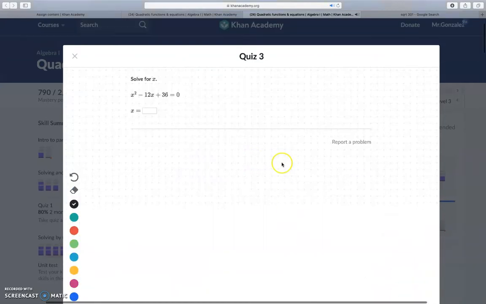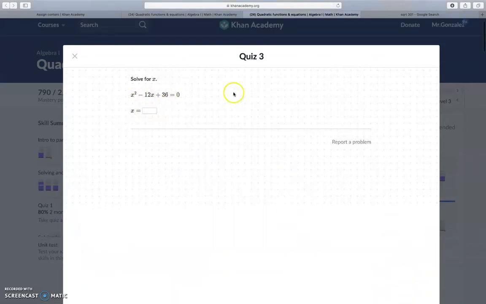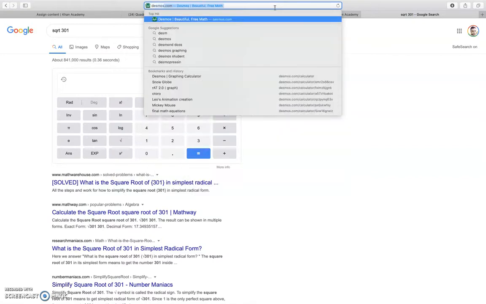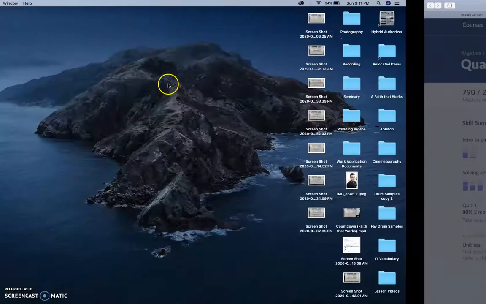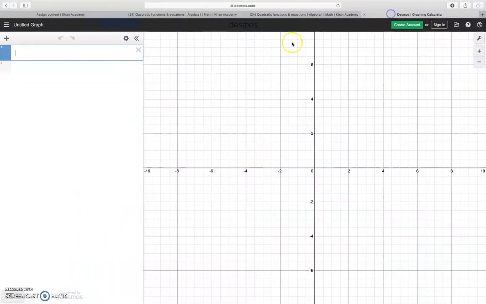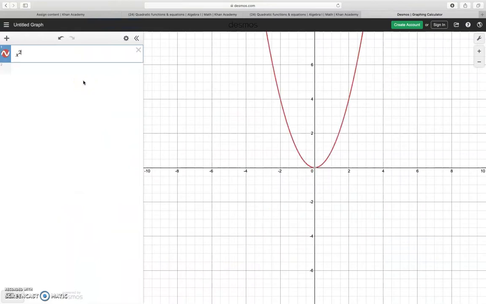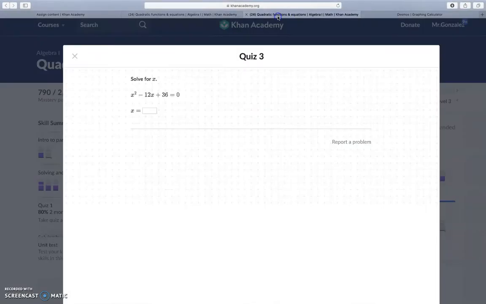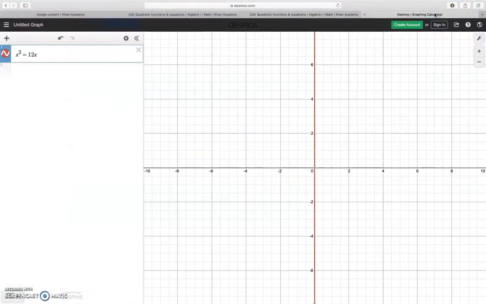Okay, next. Solve for x. You could do this the long way, or if you just want to use desmos.com, that can also graph that for you. And when they say solve for x, they're really just asking for the x-intercept. So x squared minus 12x plus 36 equals 0.